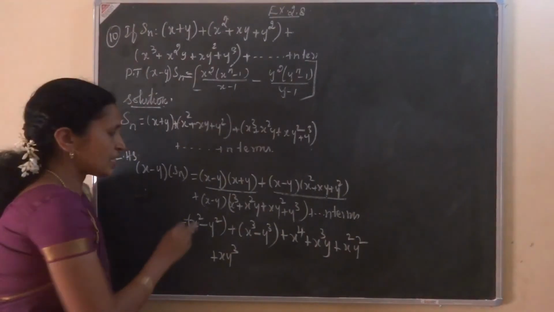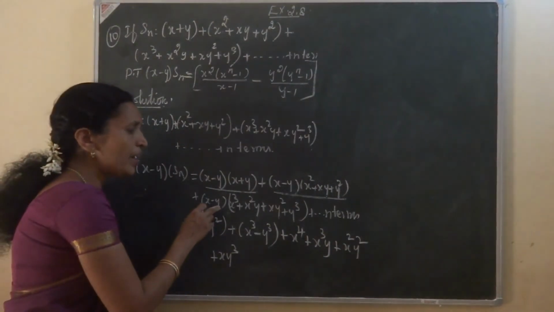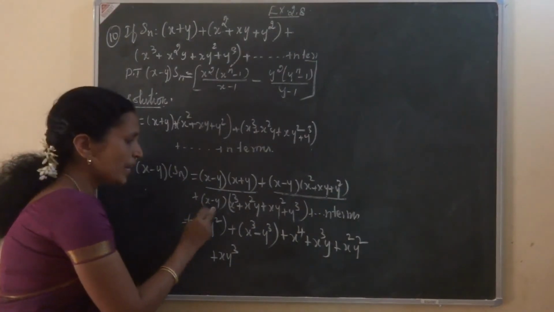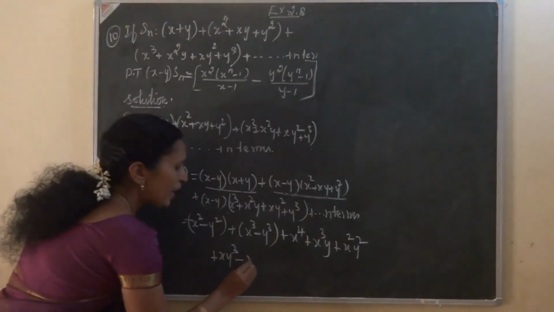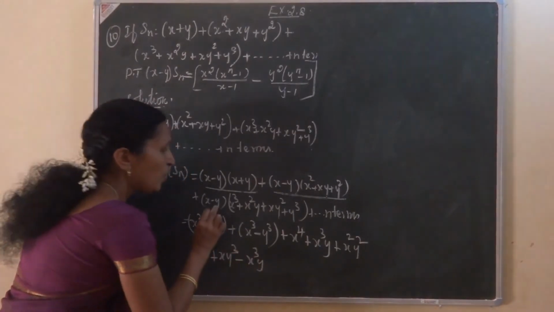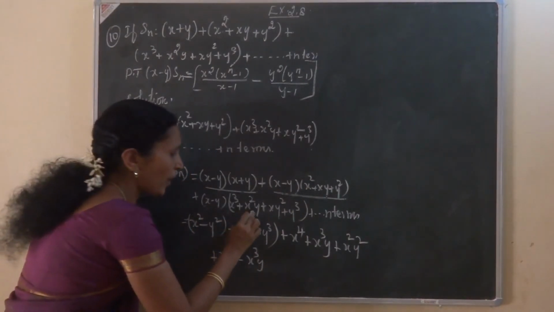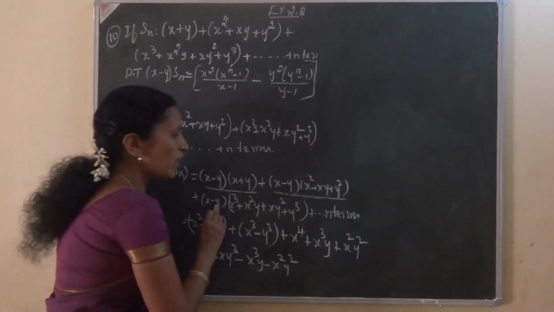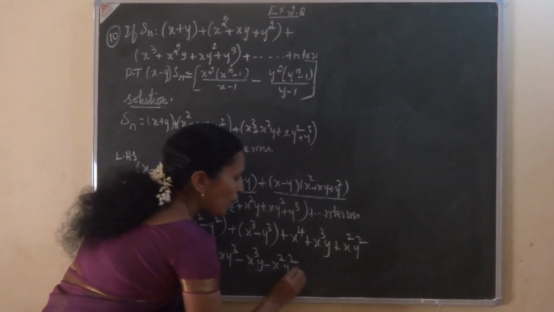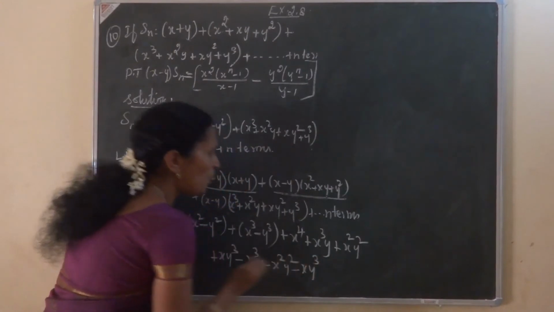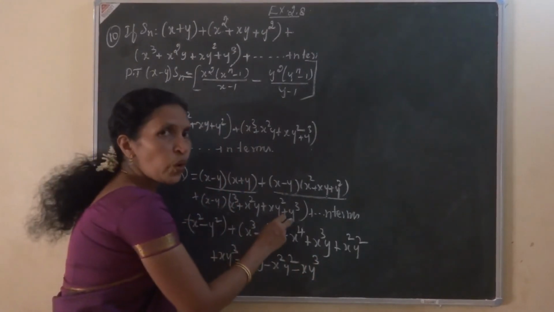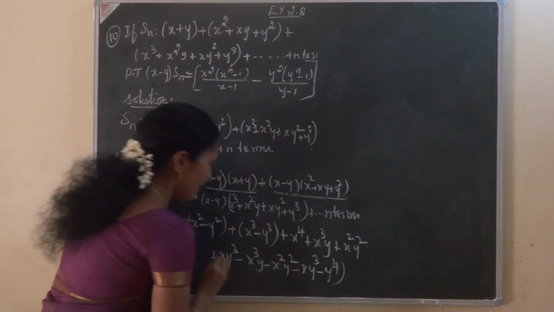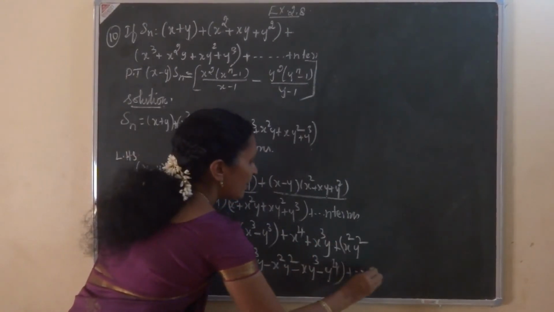Next, minus y, you multiply all these values by minus y. So now minus x cube y, minus x square y square, minus x y cube, minus y power 4, plus etc. n terms.